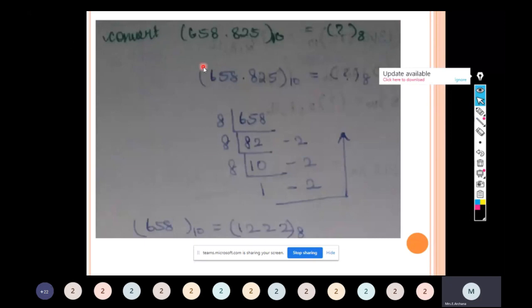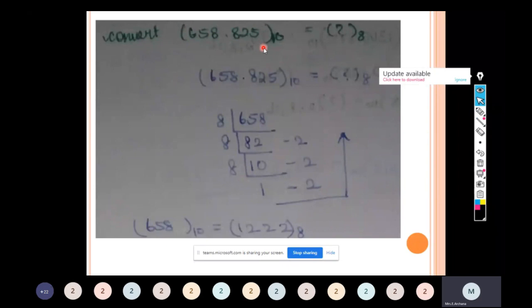We know how to convert because we are following a separate procedure for integer part and a separate procedure for fractional part. The integer part is by successive division method we have got the answer. But the problem is not yet over. We have to find for fractional part.